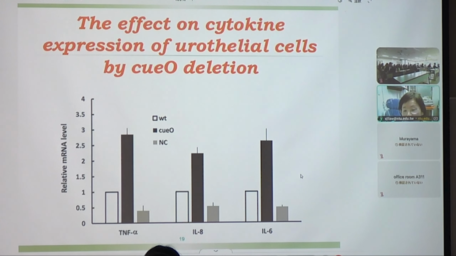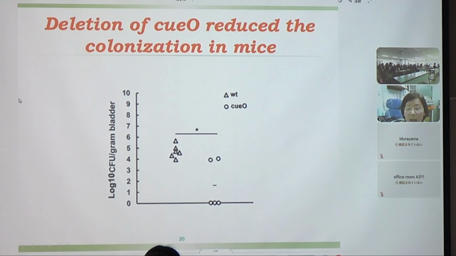Next we performed mouse colonization assays using the CueO mutant and wild type strain. And in this figure, we can see the CueO mutant has significantly lower colonization ability in the mouse bladder.